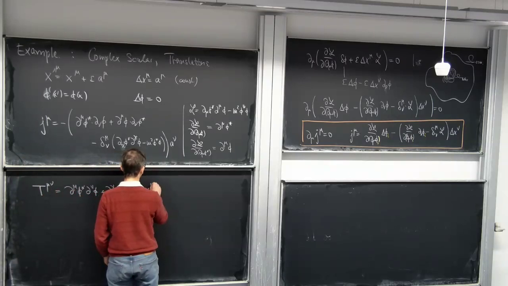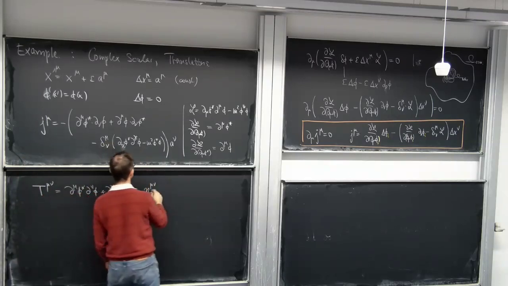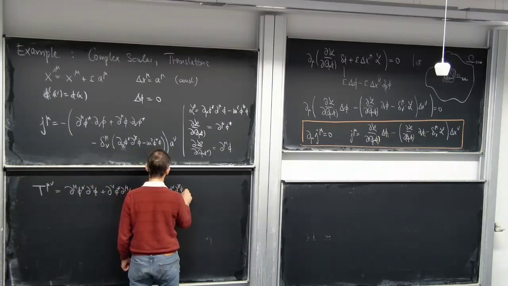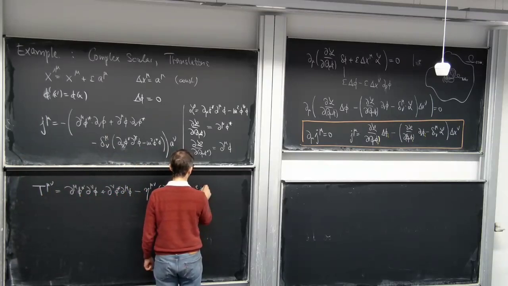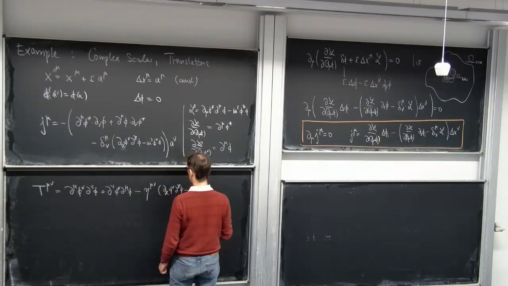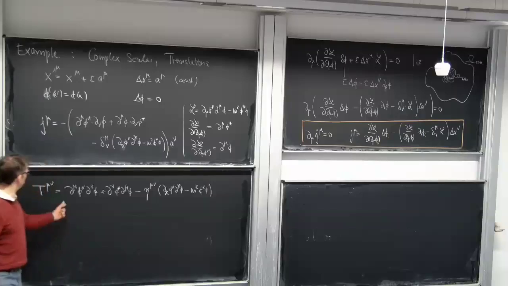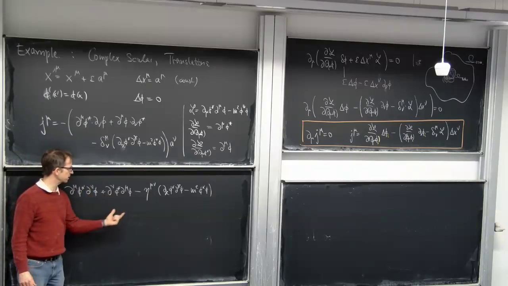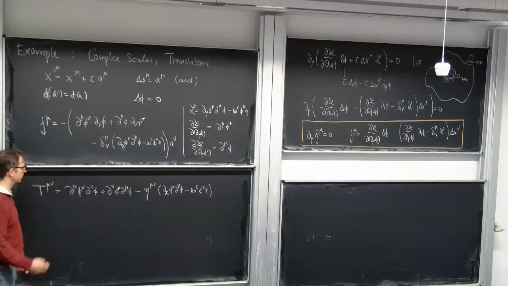Minus this when we lift, then you have an eta, the metric, eta mu nu times d kappa phi star d kappa phi minus m squared phi star phi, and that's it. And it looks nice. Now it's manifestly symmetric in mu and nu. The symmetric version of this is this, and it's symmetric. And that's what's called the energy momentum tensor.